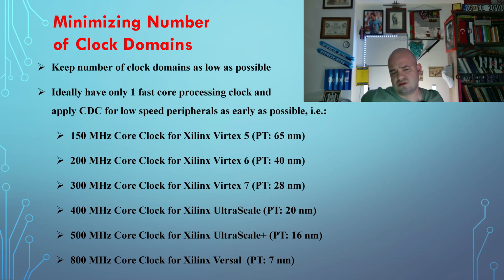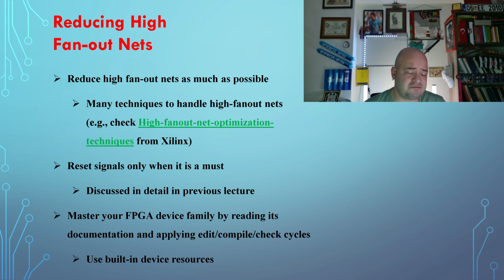Next one is reducing high fan-out nets. Actually, yeah, this is also an important remark, an important good coding practice. You need to reduce those high fan-out nets as much as possible, because as the fan-out increases, if, for instance, you have an asynchronous control signal whose fan-out is like 20,000, then routing congestion starts.